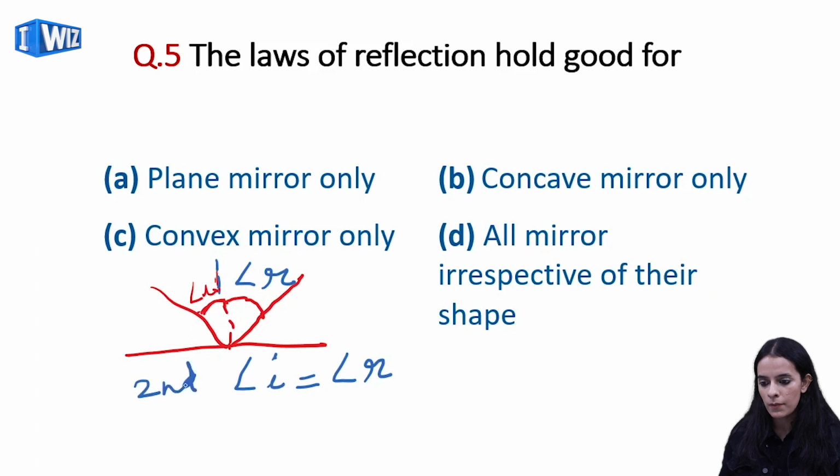These are the two laws of reflection, and they hold good for all mirrors irrespective of their shape, because these are the universal laws of reflection that apply to each and every mirror. So this one is the right option. Okay, now come to the next one.